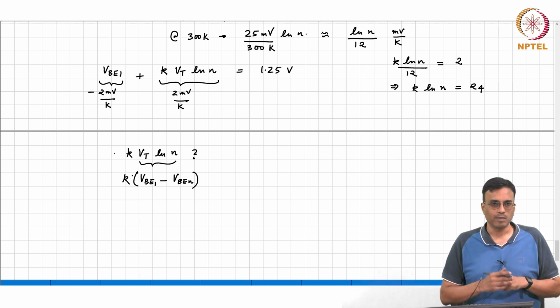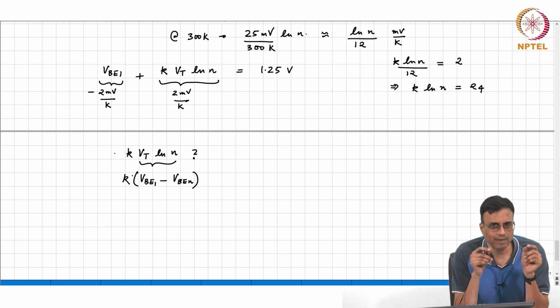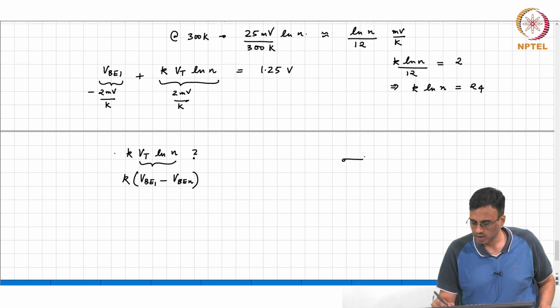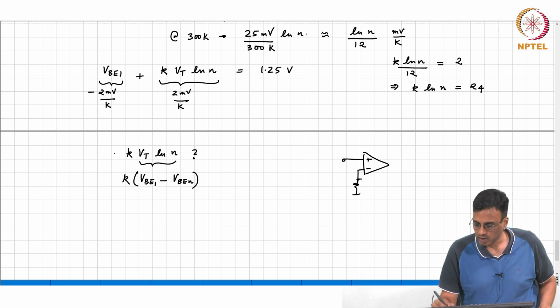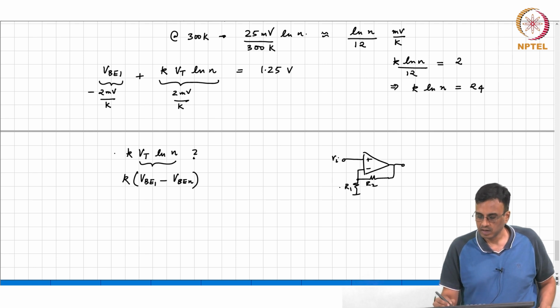So remember, whenever we want to amplify a voltage, for example, take your familiar 1 plus R2 by R1 circuit. What is happening? This current is Vi by R1.